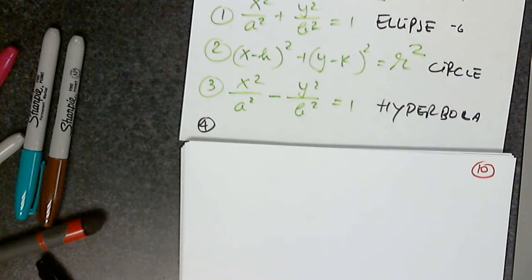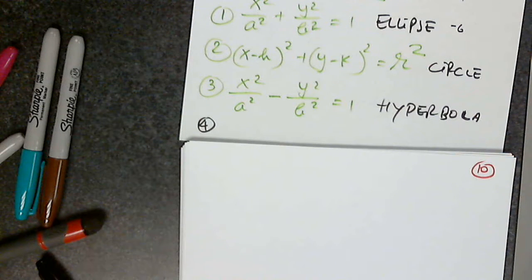A degenerate conic, although they should have included a circle here, they didn't, because they put the circle in chapter 1. What does that mean? It means not a conic section, maybe a point, or maybe an equation that does not represent a conic section. That's what it means. Okay?